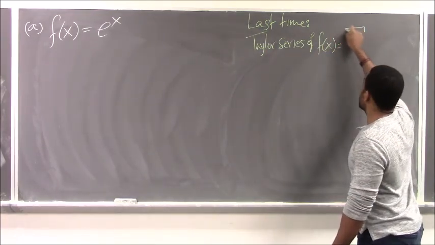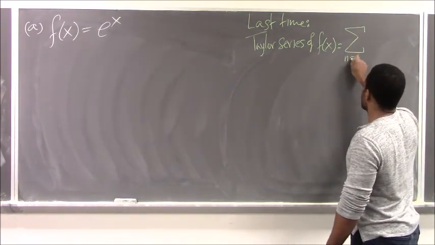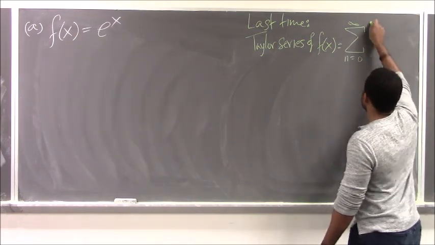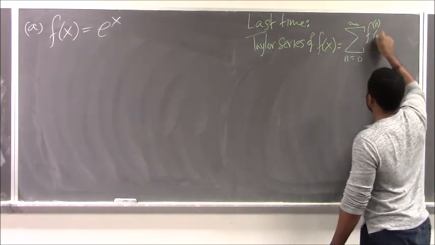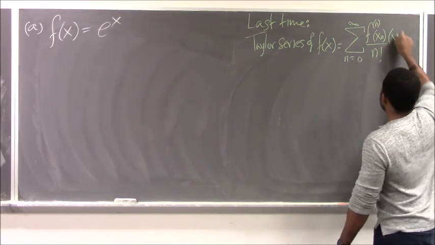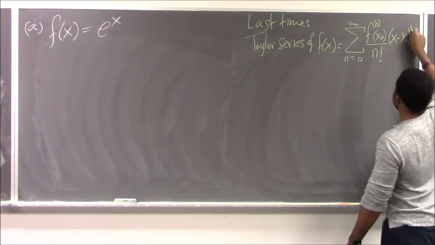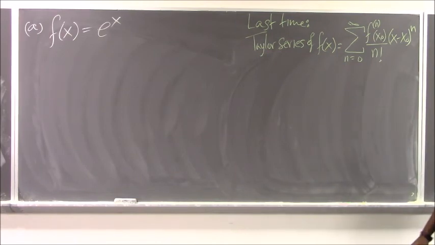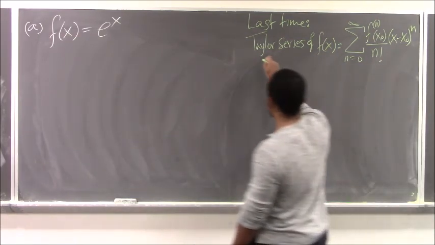This was the series, n goes from 0 to infinity, of f to the n evaluated at x naught divided by n factorial times x minus x naught to the n. This is called the Taylor series of f of x centered at x naught.